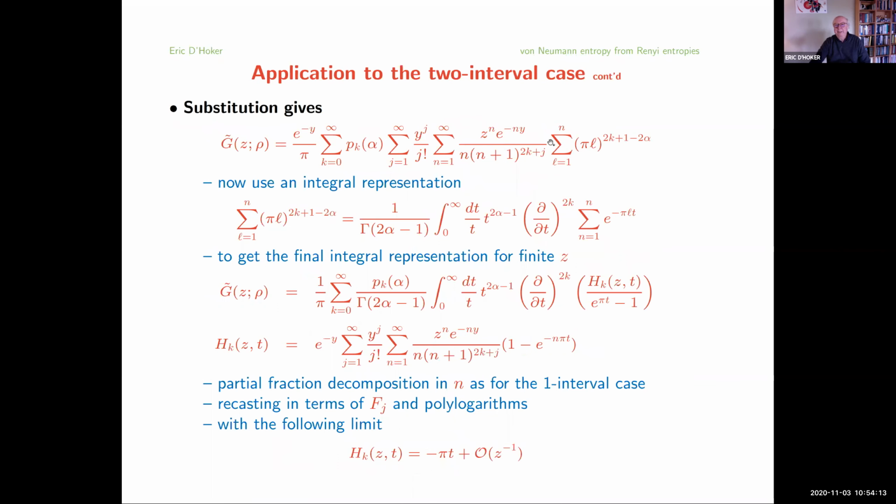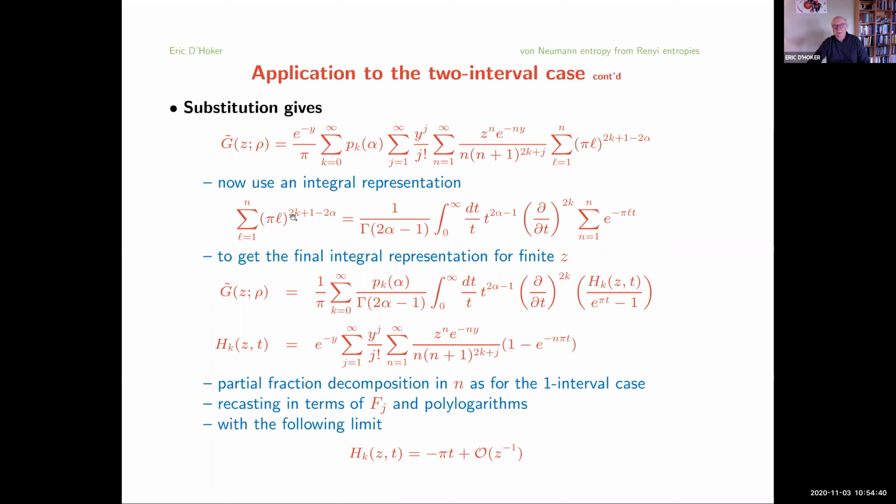When you do it, you get a somewhat more complicated expression, but at least now you have something that sums from 1 over n, and that you know how to represent as an integral. I think you all know this kind of thing, right? You have a power here, you can represent it essentially in terms of a gamma function integral.